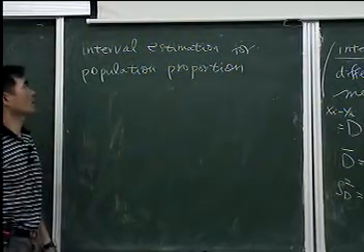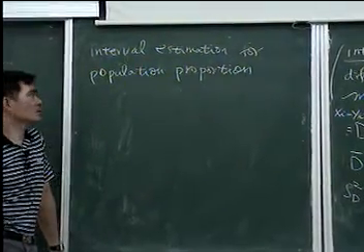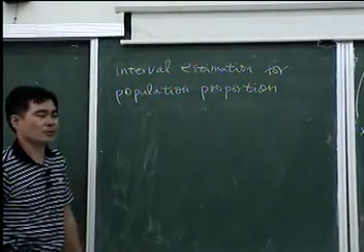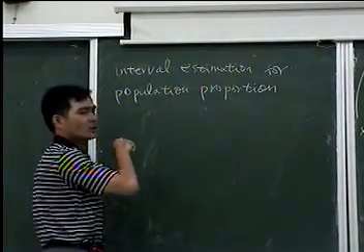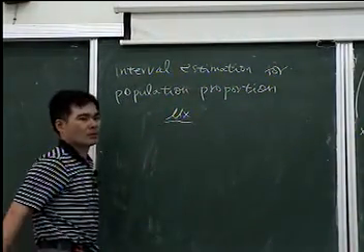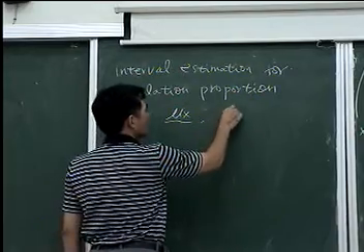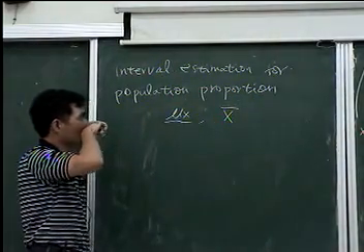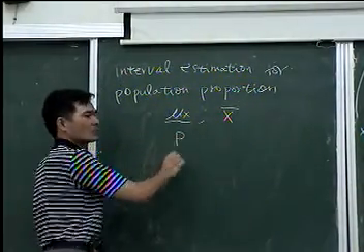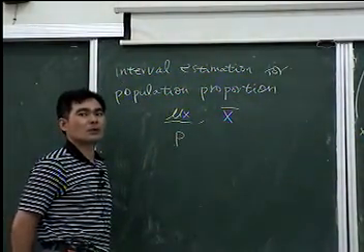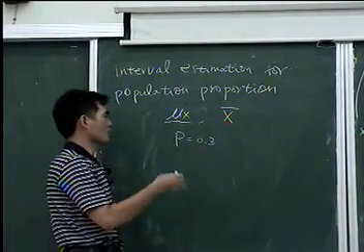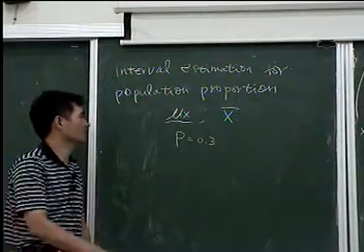When we say we are trying to deal with the interval estimation for population proportion, for the cases we talked about, we were trying to estimate mu x, and of course we use x bar to estimate it. But in this case, we are trying to estimate p. p is a proportion, say 0.3, 30%, or 0.5, 50%, whatever it is.